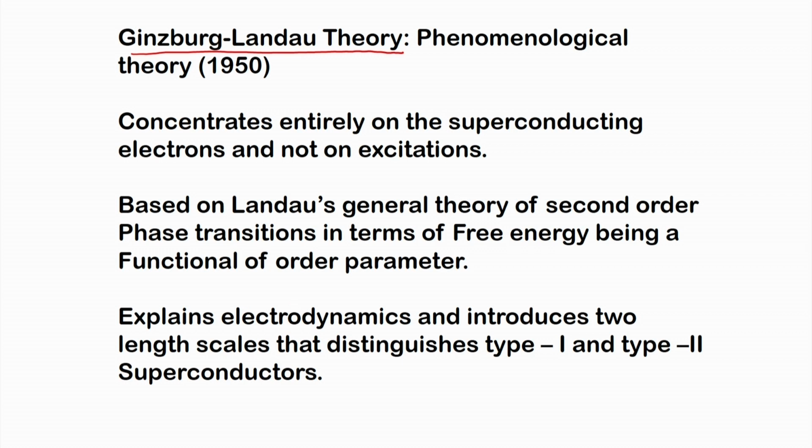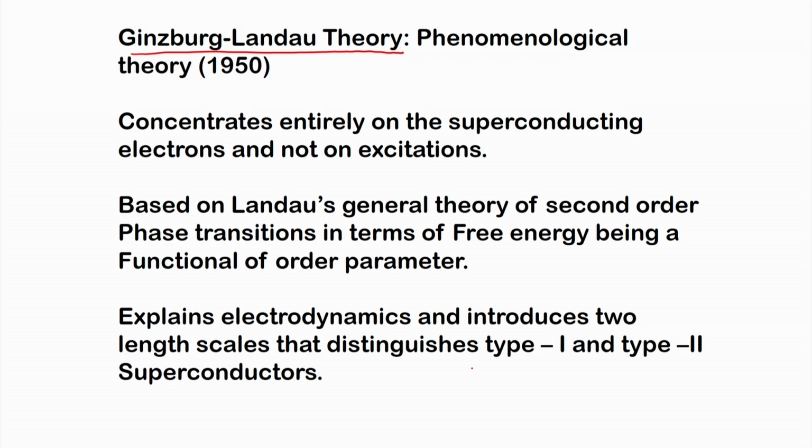So, one has to identify the order parameter and know how it vanishes at the phase transition, then one can write down a free energy functional and do calculations of, say, electrodynamics. It also, very importantly, introduces two length scales of the problem that distinguish type 1 and type 2 superconductors.